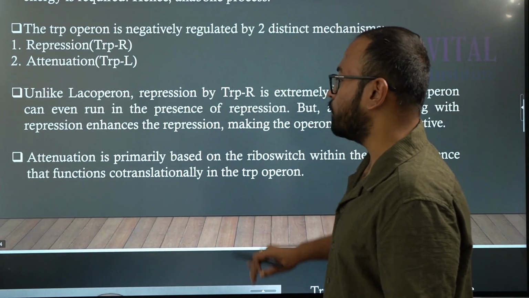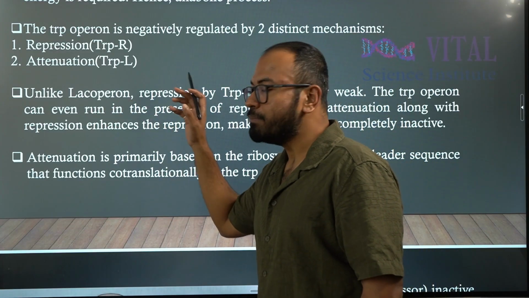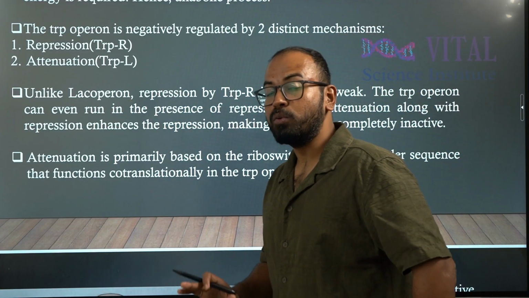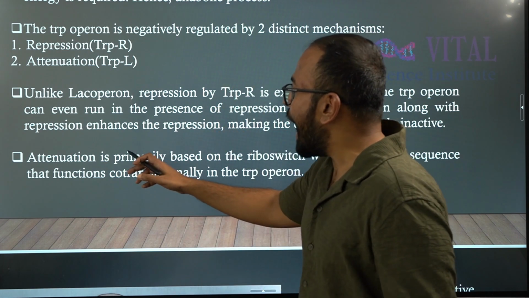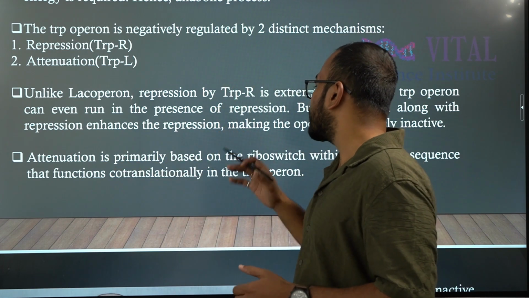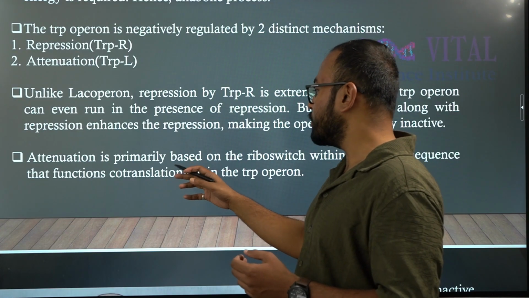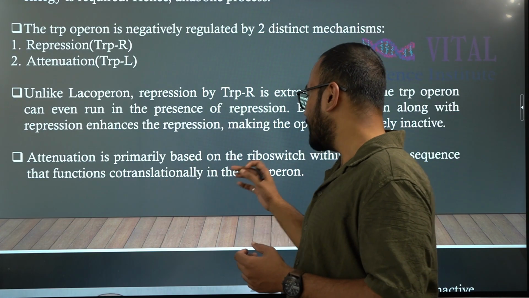Coming to this important point: repression by means of trpR is complete. Next, we will discuss attenuation. Attenuation is primarily based upon a riboswitch within the leader sequence that functions co-translationally in the Trp operon.